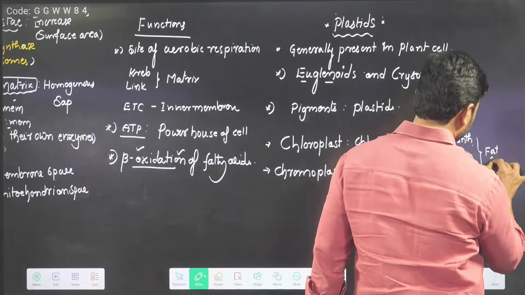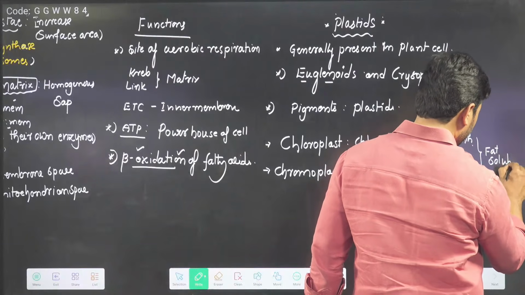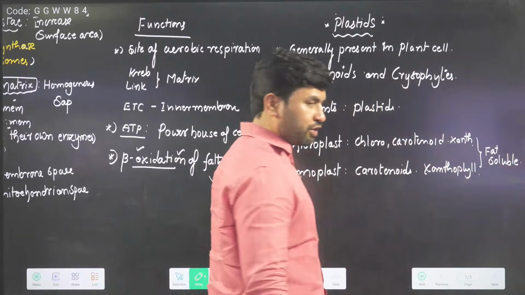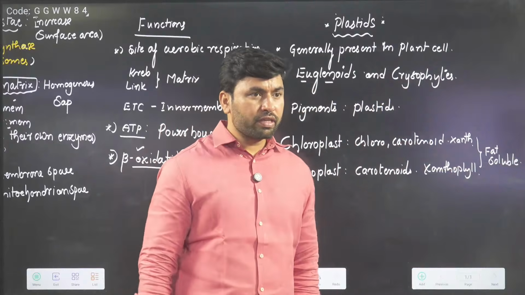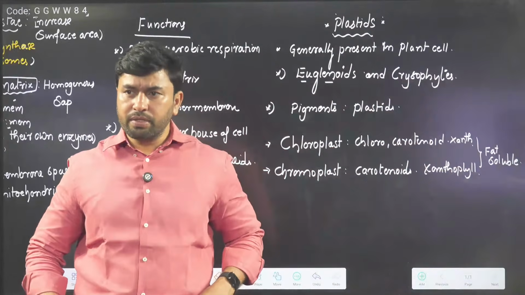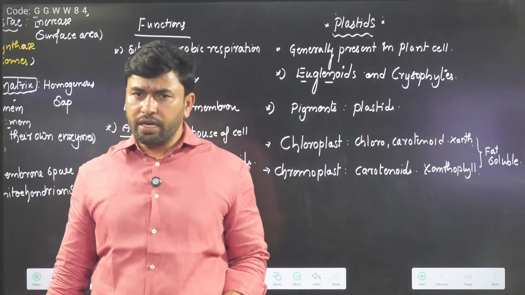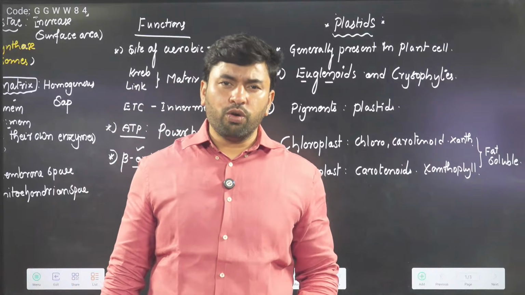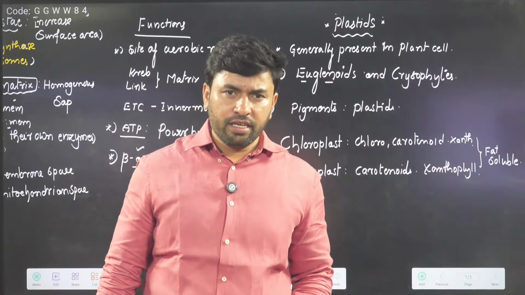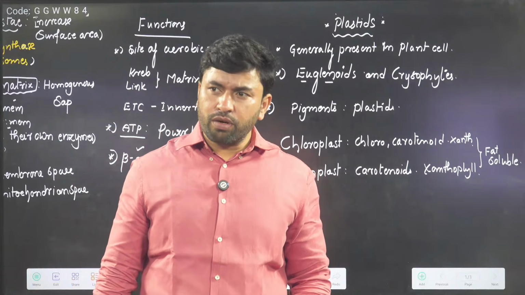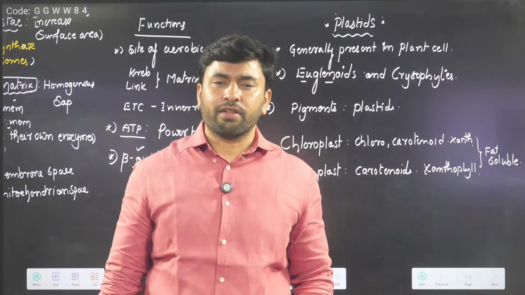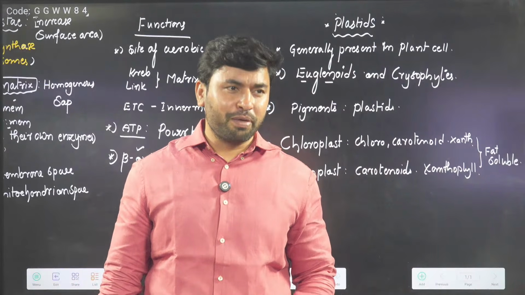In our NCERT book they have mentioned carotenoids and xanthophylls are fat soluble pigments that are present in chromoplast. What about chlorophyll? Is it a fat soluble pigment or water soluble pigment? Of course it is also a fat soluble pigment.